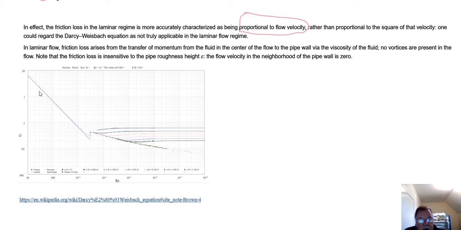So you see with laminar flow that it drops off linearly, but this is a log function, so it's actually the counter of the square. That is, as that gets bigger, which would equate to the velocity getting bigger, it's actually getting smaller, which counters it.